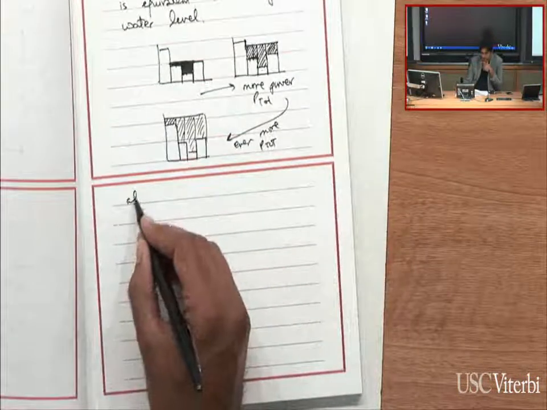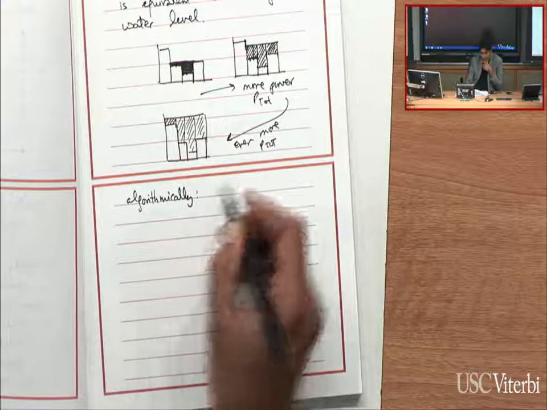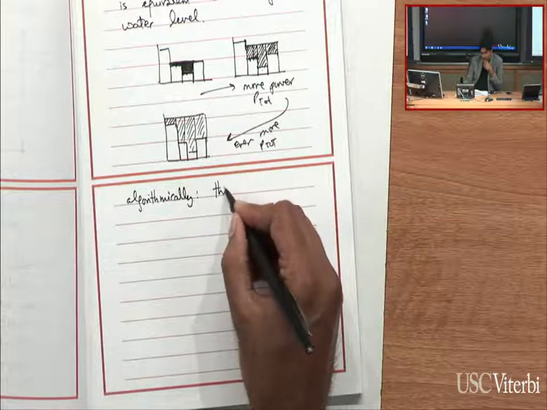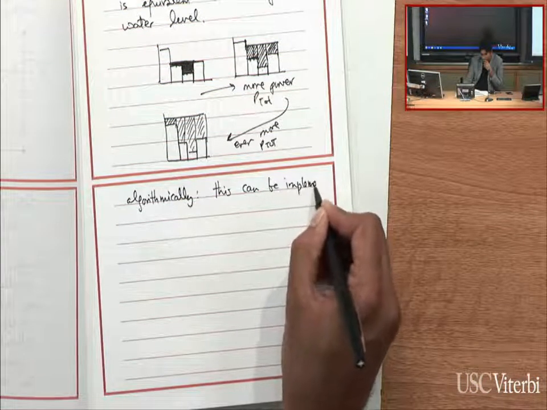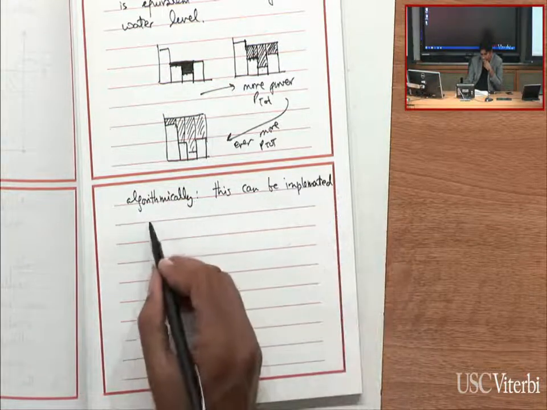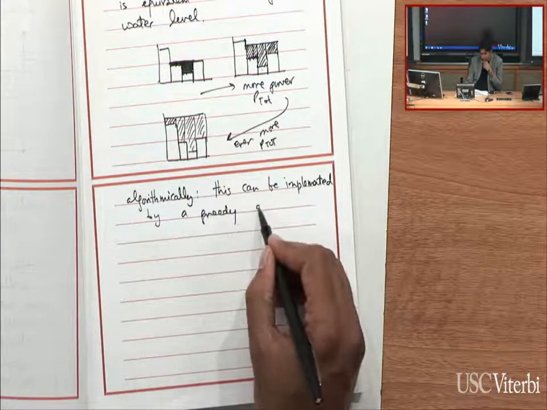So algorithmically, this can be implemented by a greedy allocation strategy.